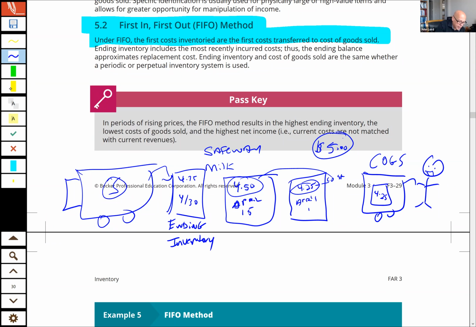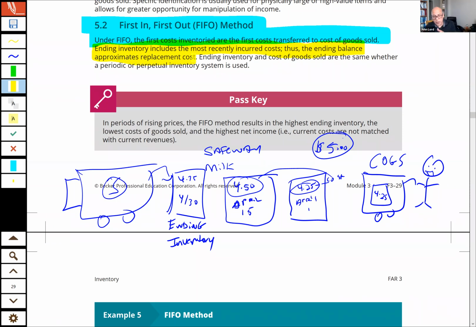So let's go back up and let's make some flashcards out of some of the things with that little visual that they start telling us about LIFO, about FIFO. And we say that ending inventory includes the most recently incurred cost. Thus, ending inventory approximates replacement cost.